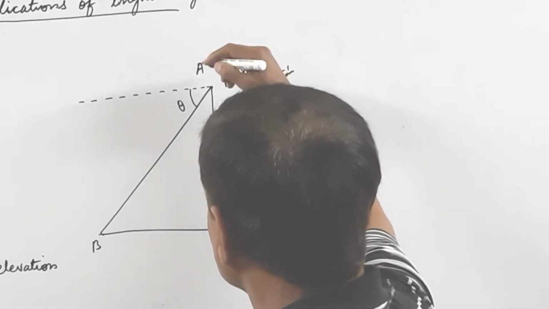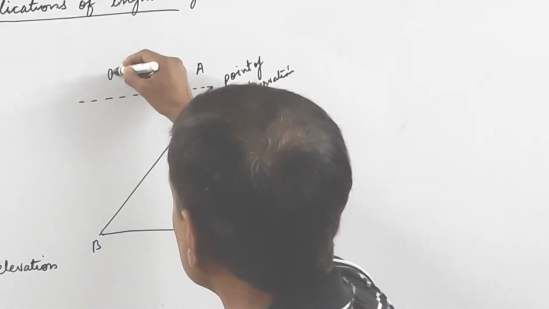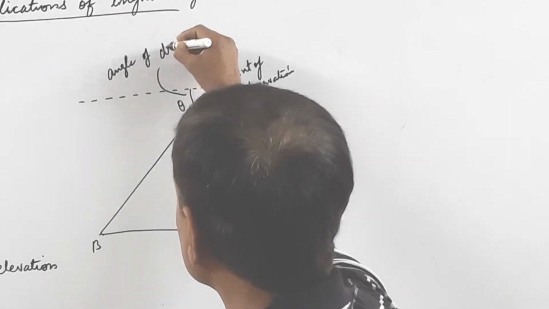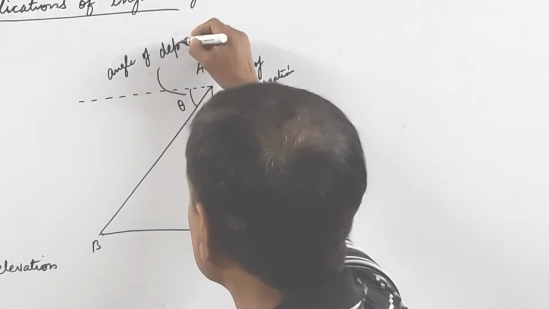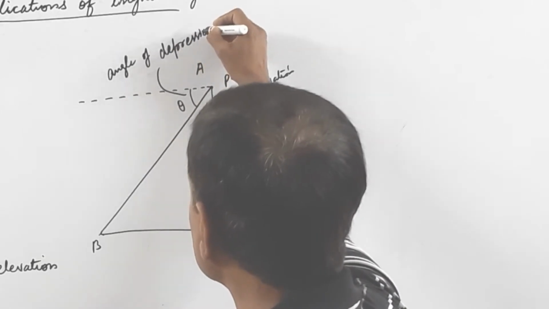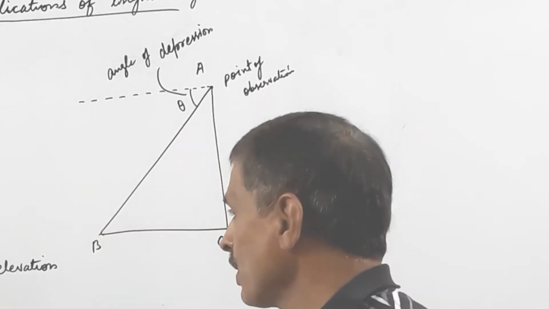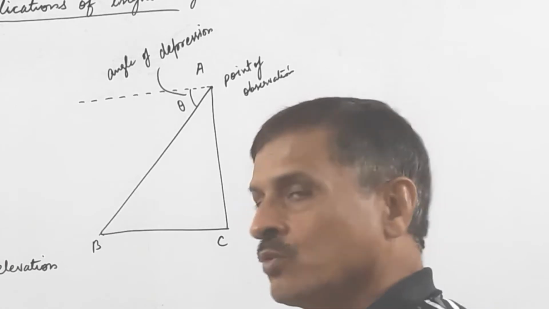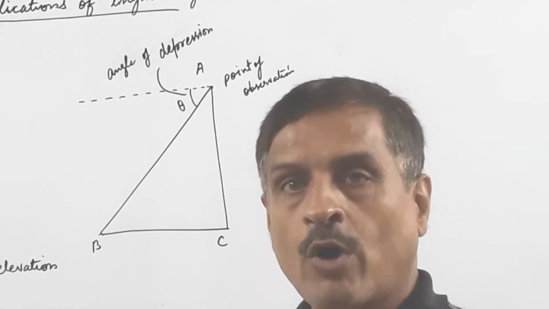Then this is the angle of depression, because we are looking downwards. So these concepts have to be used while calculating the heights and distances of objects.